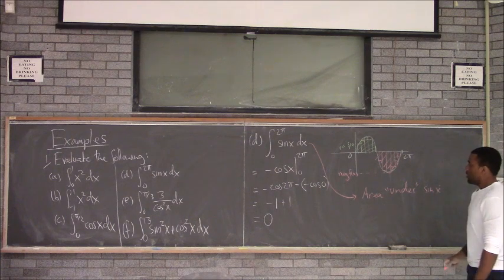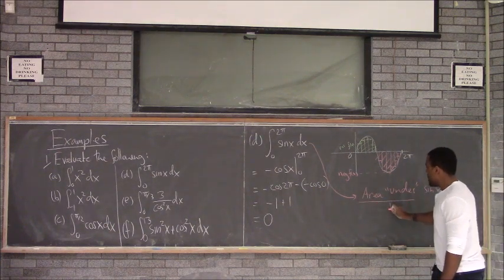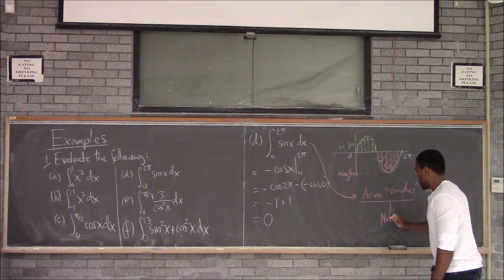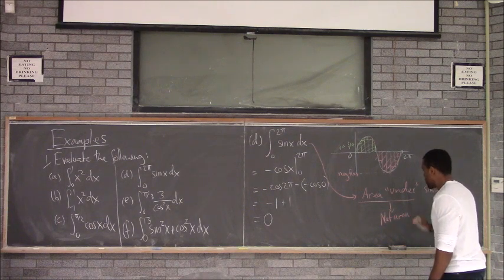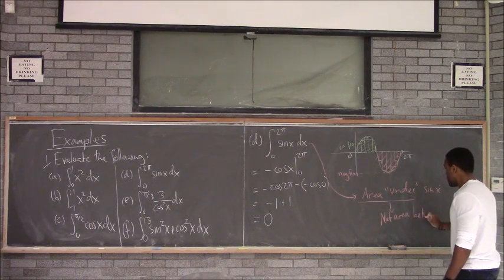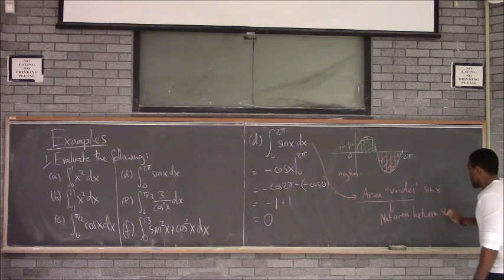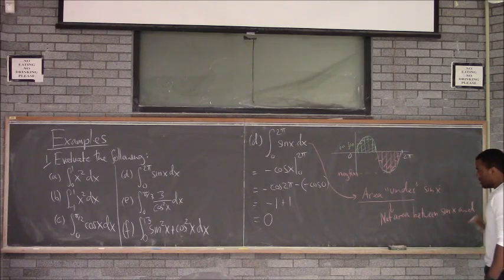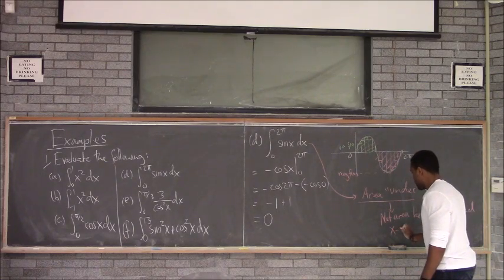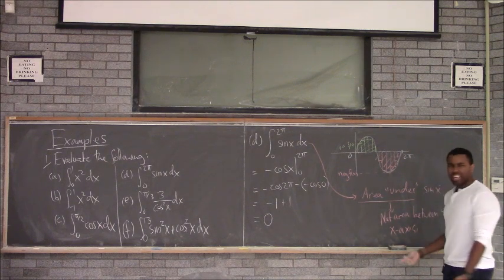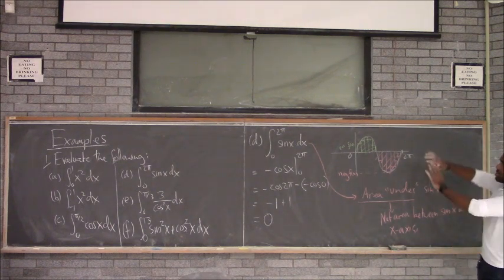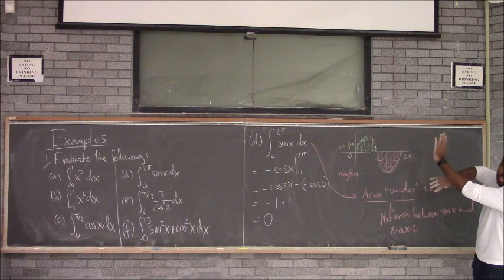Right? And so this is what it means to be the area under sine x. By area under, we mean the net area between sine x and the x-axis. But that idea is true in general. You find the net area. So the integral will give you a positive area when your graph is above.